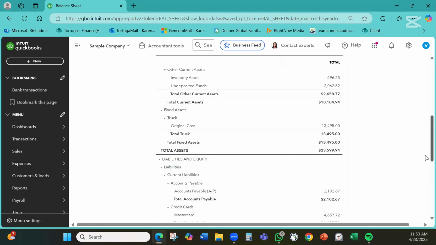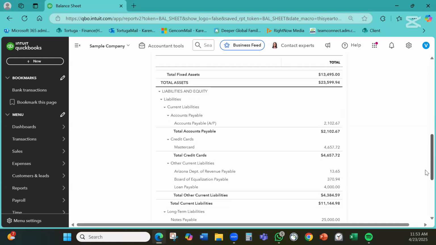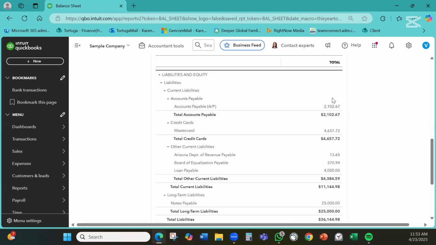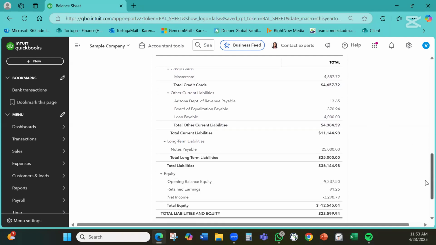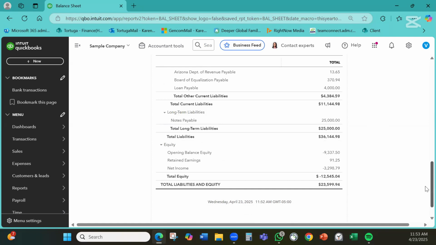Then you go down here and you see what you owe people. You owe $2,102 to whoever, plus you owe $4,600 on your MasterCard. You have that in loan and so on. So after you put in your information, you will see all of what is happening. This company is running at a loss.